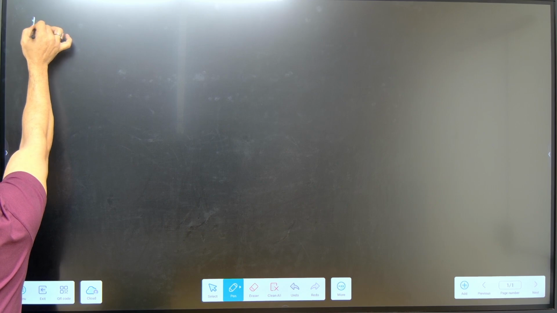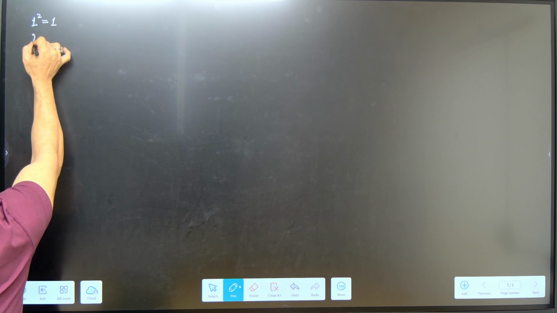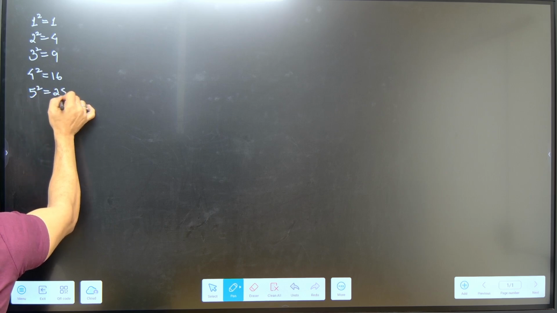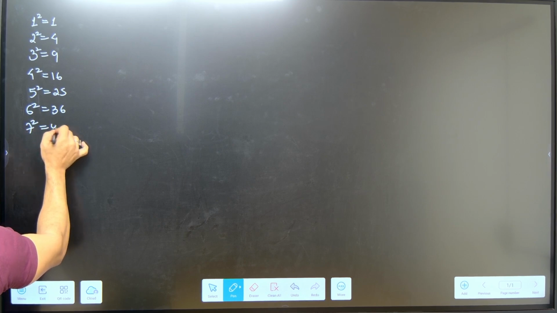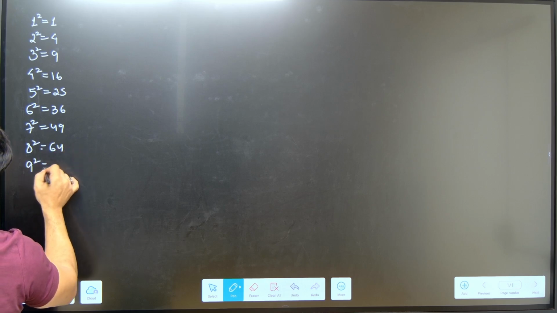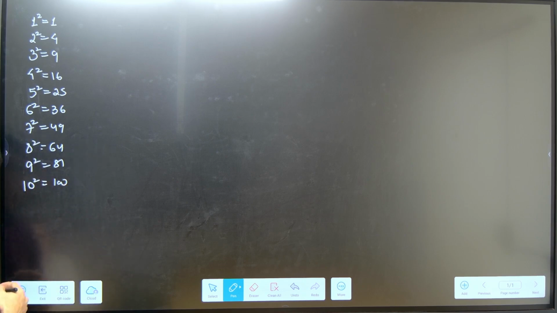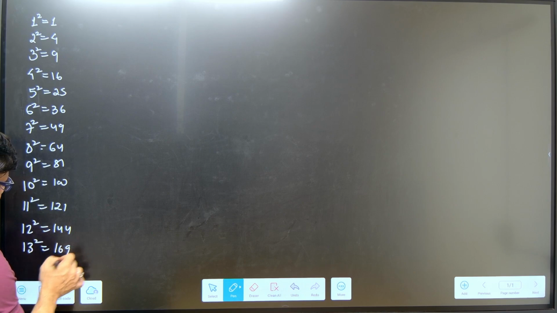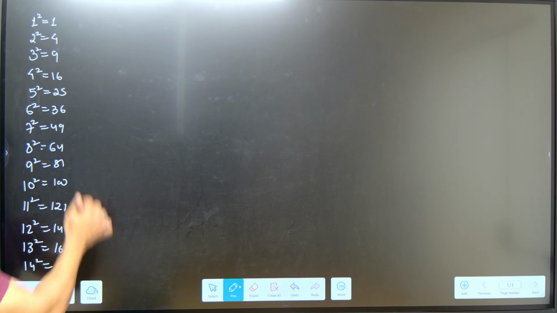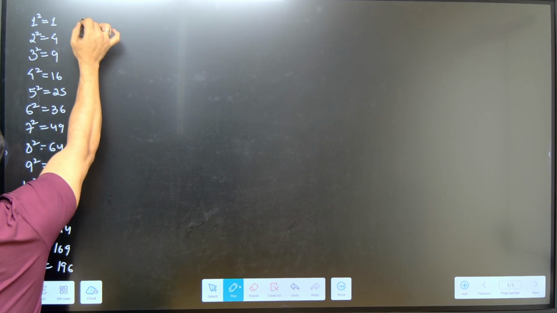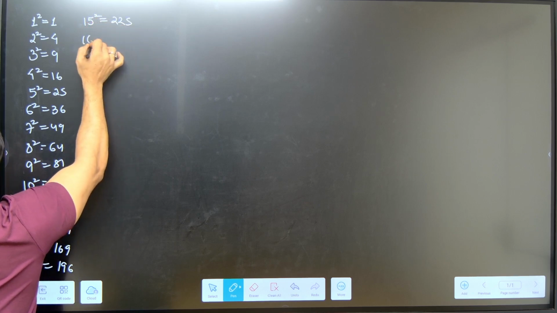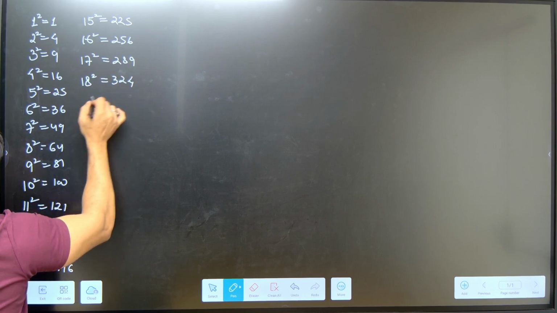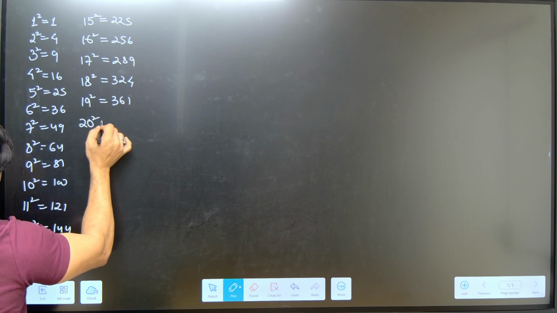Some squares we have to remember, it is always better. 1 square is 1, 2 square is 4, 3 square is 9, 4 square is 16, 5 square is 25, 6 square is 36, 7 square is 49, 8 square is 64, 9 square is 81, 10 square is 100, 11 square is 121, 12 square is 144, 13 square is 169, 14 square is 196, 15 square is 225, 16 square is 256, 17 square is 289, 18 square is 324, 19 square is 361, 20 square is 400.